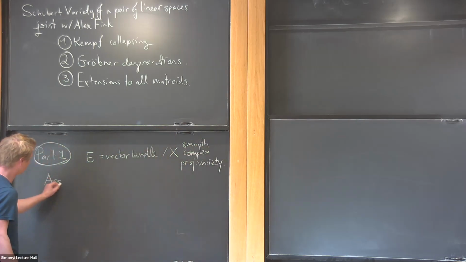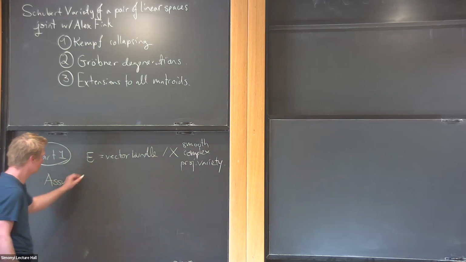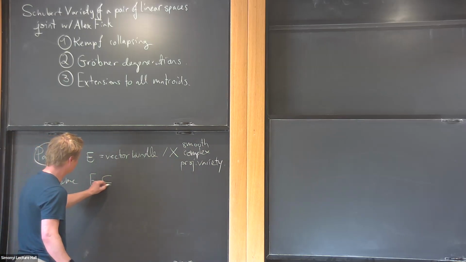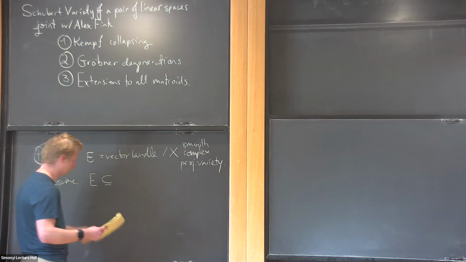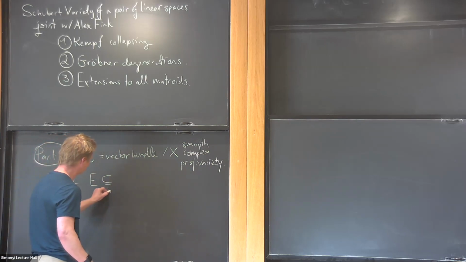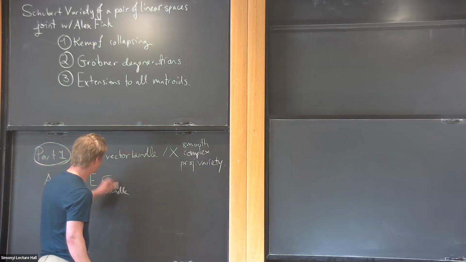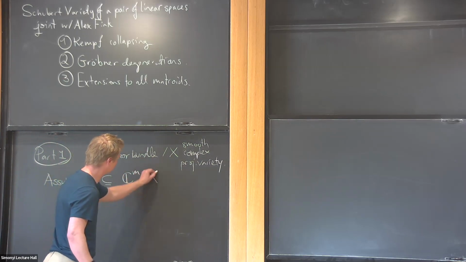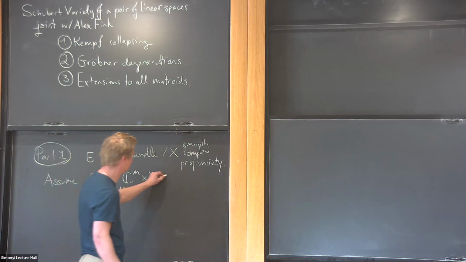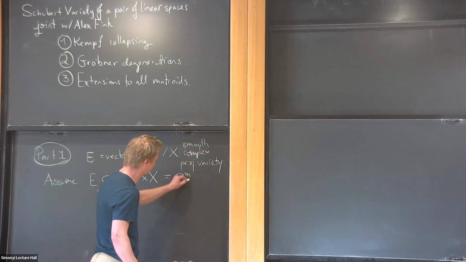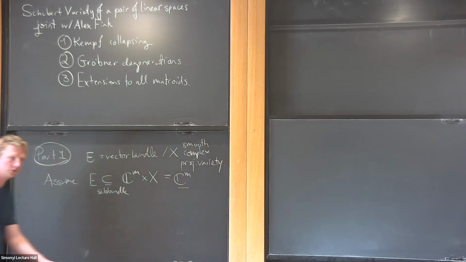So I'm going to make an assumption, which is that E is contained inside of, so it's a subbundle of a trivial bundle, C^M cross X. And I'm just going to denote this by C^M with an underline to refer to C^M viewed as a vector bundle over X.